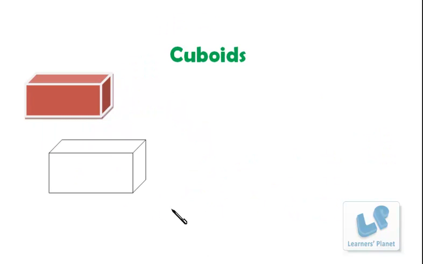Now we see a new shape over here, that is the cuboid. It is made up of 6 rectangles. So this is a rectangle, this is further a rectangle, and this is further a rectangle.